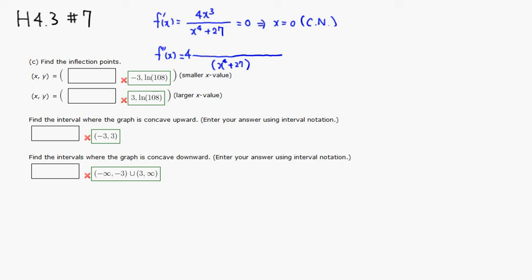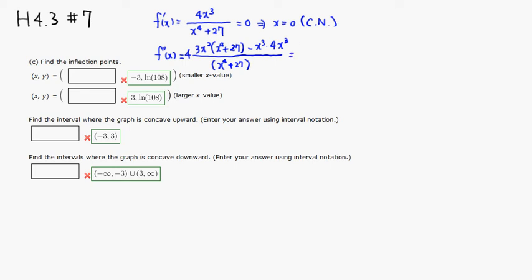The derivative of x cubed is 3x squared, times the denominator, x to the fourth plus 27, minus x cubed times the derivative of the bottom, which is 4x cubed.